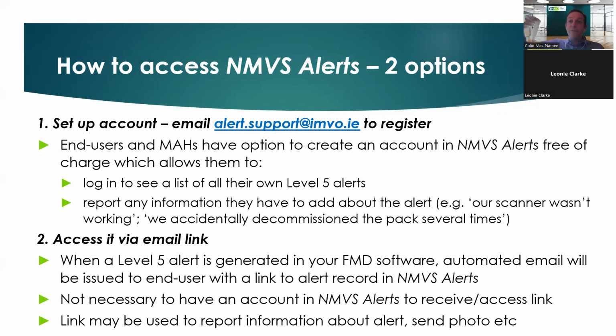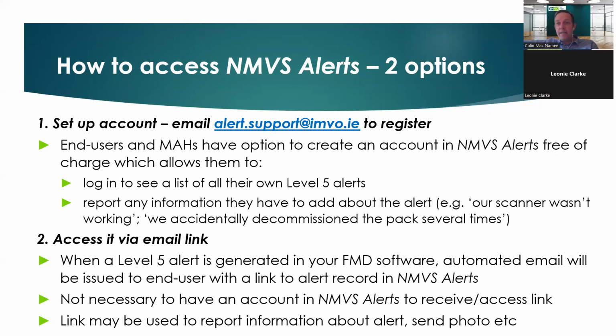How do you access it? So pharmacies, and obviously the pharmacies that you may be working in, have two options. They can set up a full account, which is free, and basically what that does is allow the pharmacy login to see a list of all their own level 5 alerts or report any information they have to add about the alert.